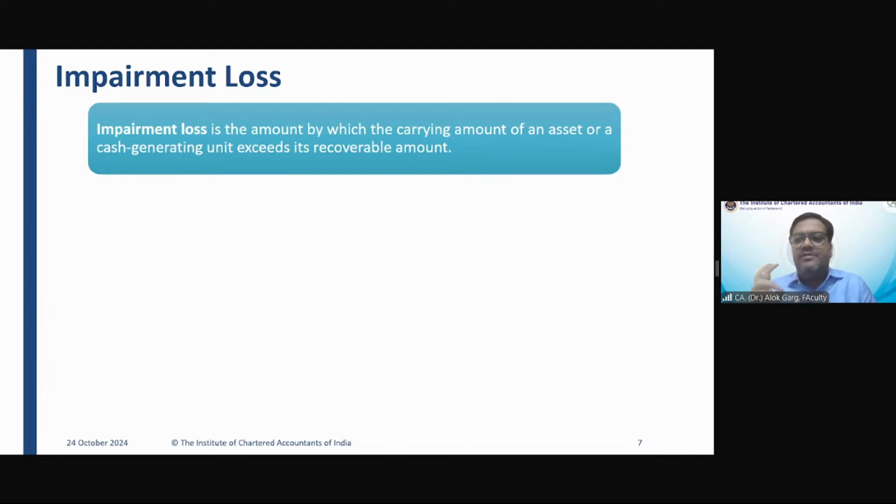When it is a group of assets, the name is cash generating unit. While checking the impairment loss, you have to see that the carrying value of an asset or of the group of assets should not exceed the recoverable amount. If it exceeds the recoverable amount, you have to recognize the impairment loss.